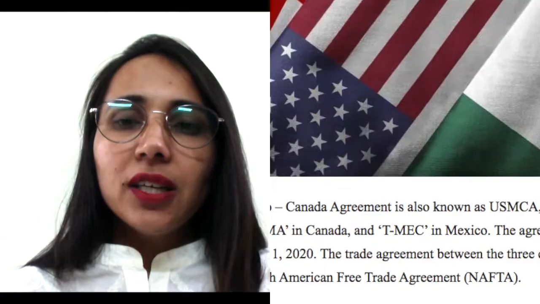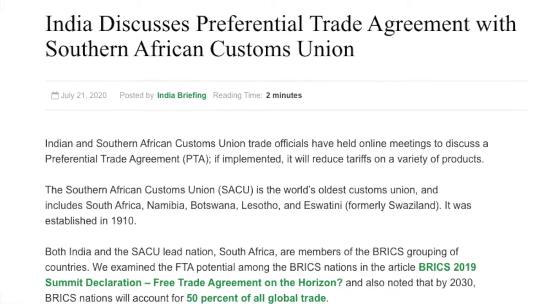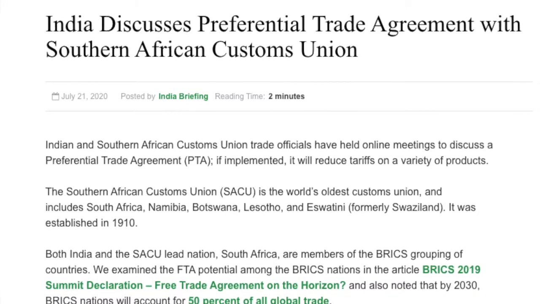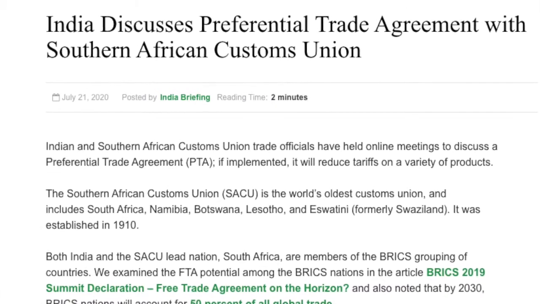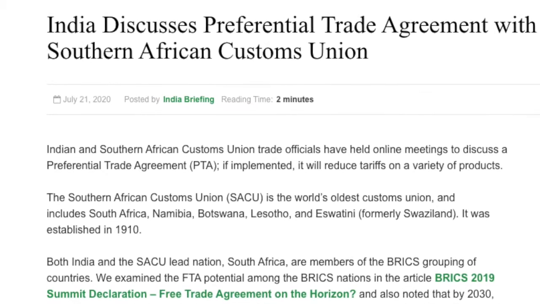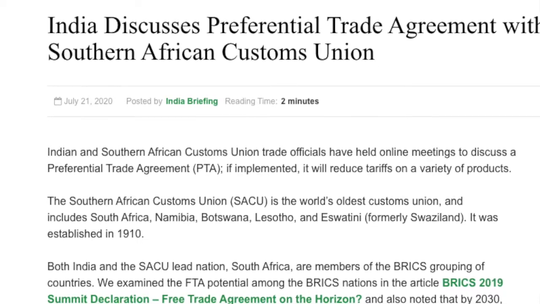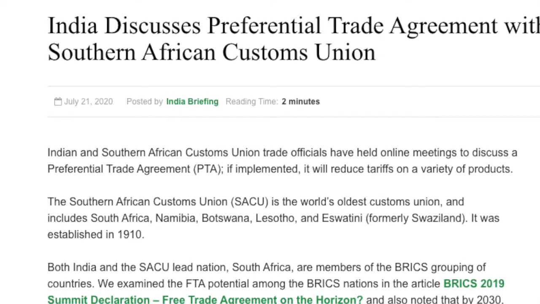After that, the countries move to a customs union, in which they eliminate all tariff and non-tariff barriers, plus put a common external tariff on non-member countries. At last, it becomes a common market, in which there is elimination of tariff and non-tariff barriers, plus a common external tariff, plus free flow of labor and capital among member nations, such as the European Union.